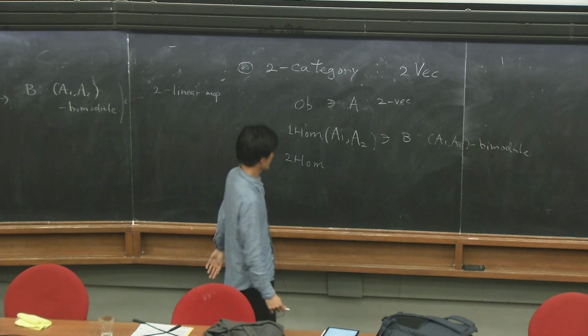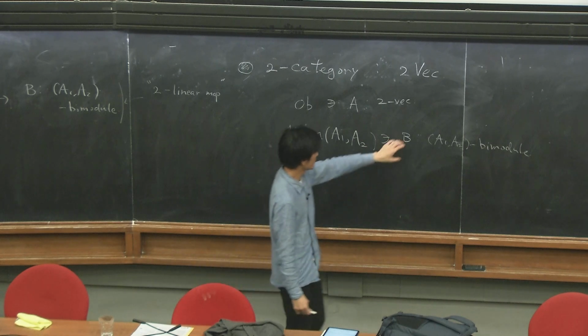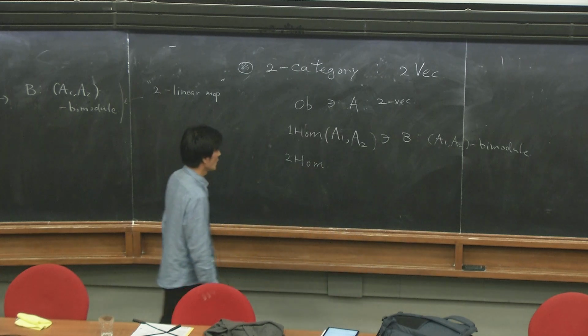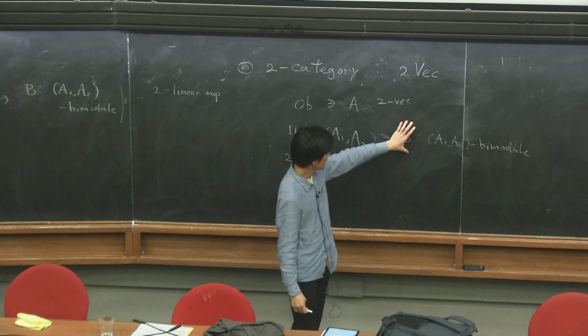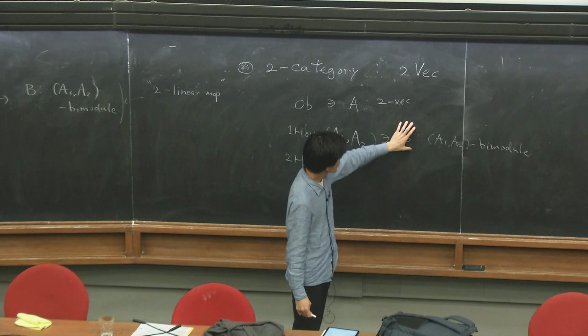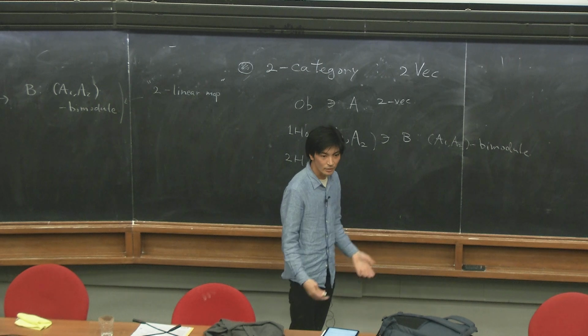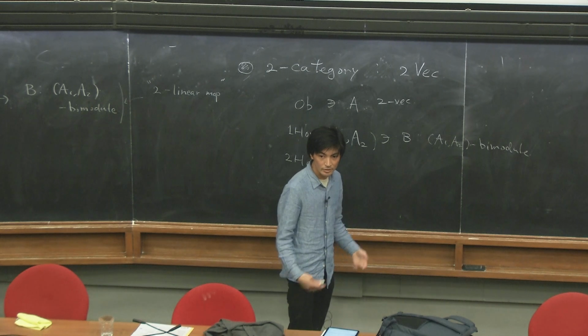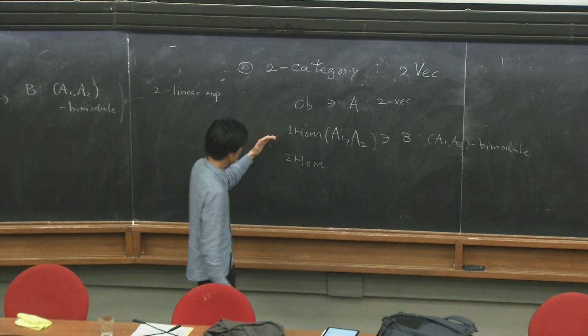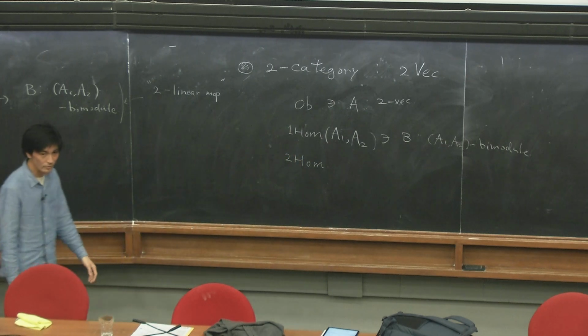Now this is a bimodule, and in particular a vector space, and if you have two vector spaces, you want to consolidate this. That is why you have the third layer.